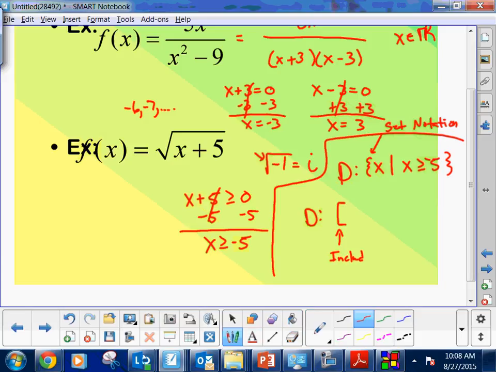So I'm going to include negative 5, and then I'm going to say it goes all the way to infinity. This is called interval notation. It's a way to describe the domain by describing the range of values. It's very similar to set notation, just written differently. Eventually you're going to be exposed to interval notation as well, so you're going to know that too.